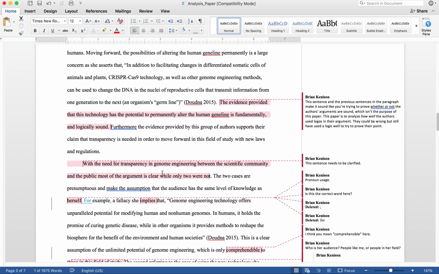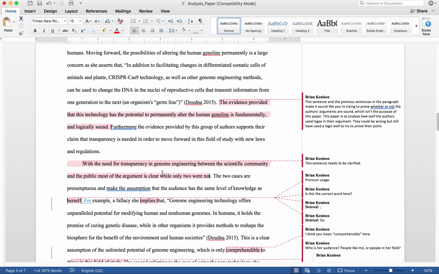And so that's something to watch for: am I trying to prove the author right or wrong, or am I analyzing how the arguments are made? They can be wrong, but still show logic in their arguments. They can be completely right, but have fallacies in their arguments where it isn't argued correctly. And so you need to be able to separate the difference between those two.